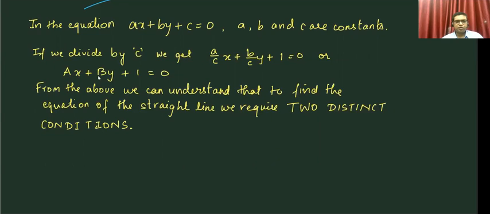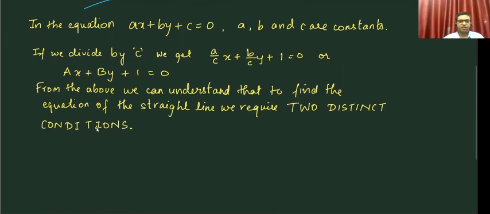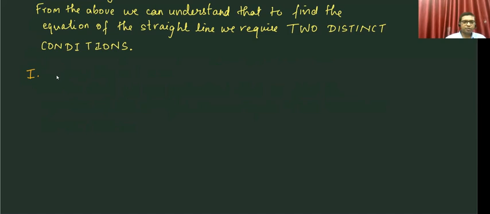I have only two unknowns, A and B. To find these two unknowns, I need two distinct conditions. If I have two distinct conditions, I will be able to find the equation of the line. This is the critical point, and this is the basic definition of a straight line. Now the important concepts: slope or gradient of a line.